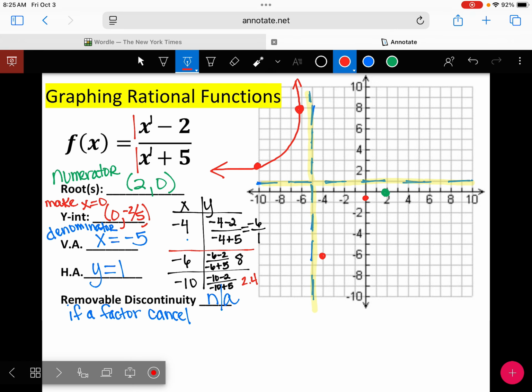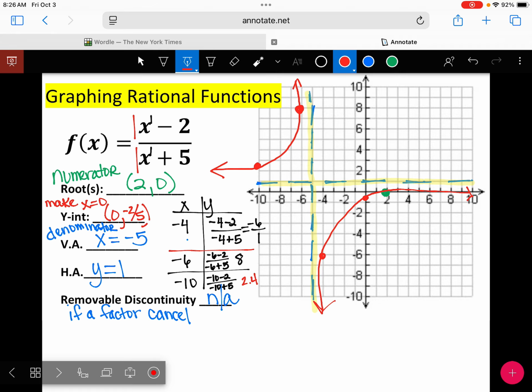It cannot go through y equals 1, and it can't cross x equals -5. So then over here, it's going to come in, hit that point, hit that point, hit that point, and go straight down. So we have an infinite discontinuity at the vertical asymptote. And that's it. Yes, Makira.